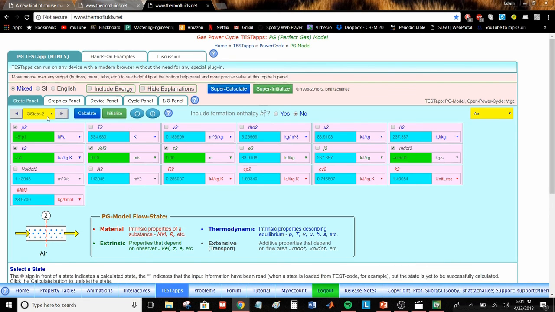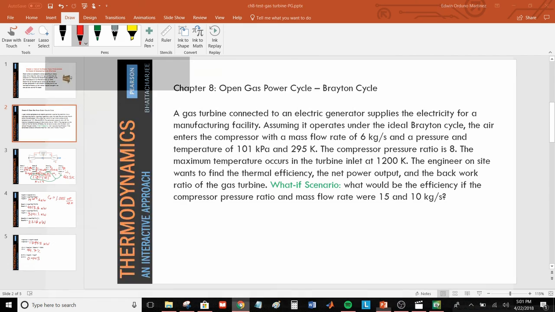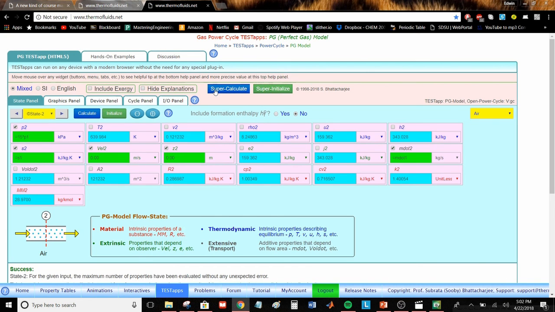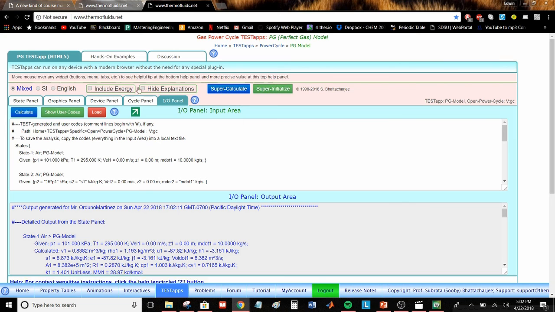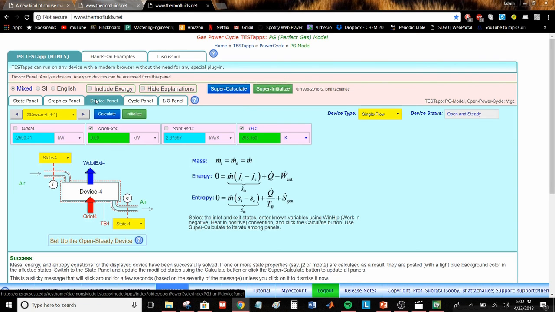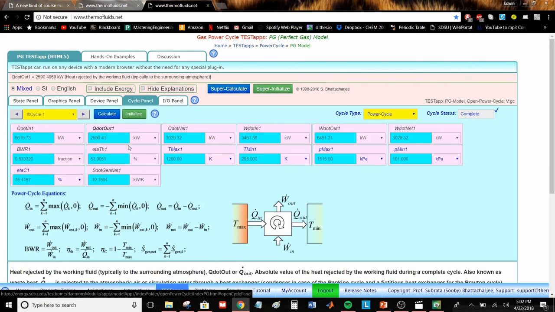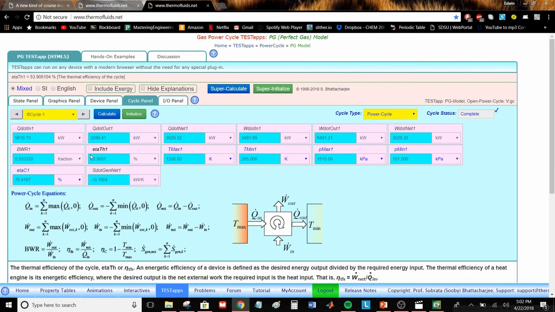And state 2, instead of 8, we will be using 15 times P1. Now it should update the rest. And now in the cycle panel, our efficiency will now be about 54%.